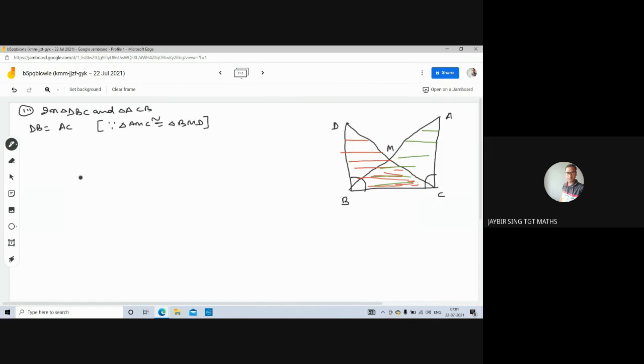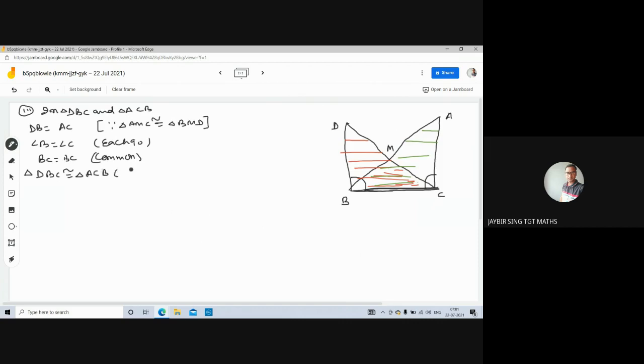And second thing, angle B is equal to angle C, each 90, we just proved now. And then BC is common in both the triangles. You can see this is the common side. BC is equal to BC.